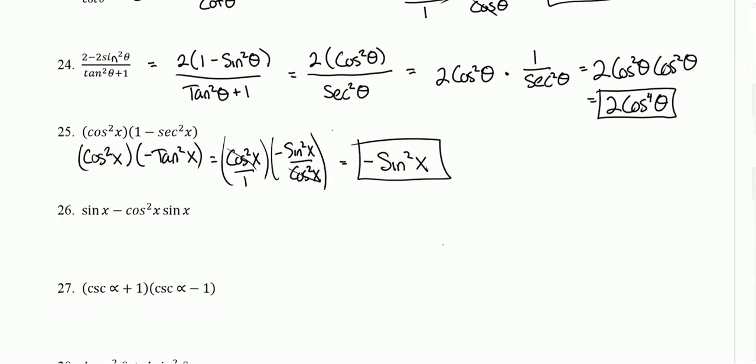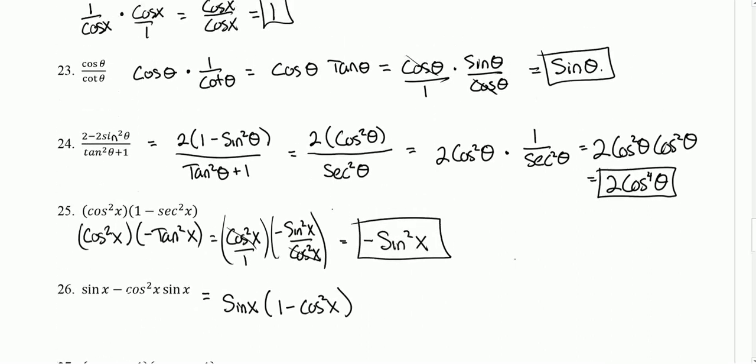26. Notice we have two terms separated by a minus sign, and each term has a sine x. So I'm going to factor the sine x out. You get sine of x times 1 minus cosine squared of x. And we mentioned earlier that 1 minus cosine squared is equal to sine squared.